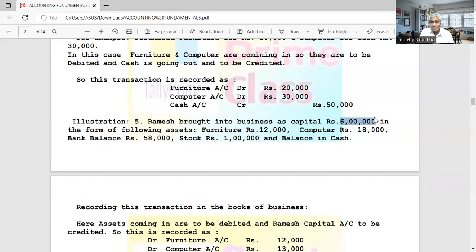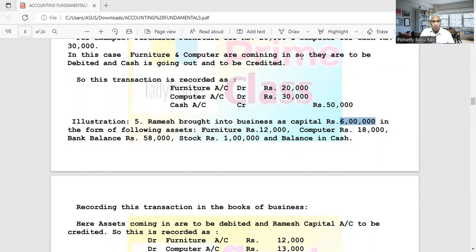Total is 6 lakhs. He gave all these assets. After that, the balance in cash. Here you see, calculate. Furniture is 12,000 rupees. Then computer is 18,000 rupees. Then bank account is 58,000 rupees, and then stock 1 lakh.